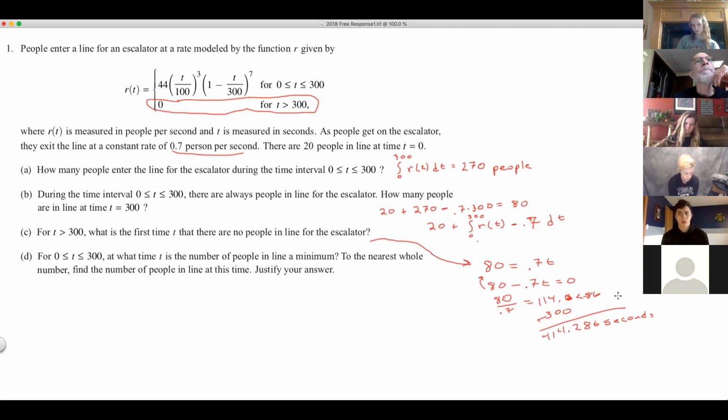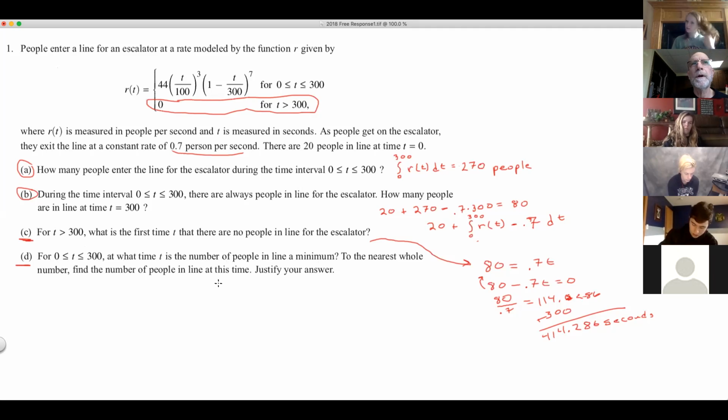Comparing this one to the one I talked about yesterday, this problem and the last were very similar to the problem yesterday. This is kind of a unique one, a different point of view. It says for the closed interval, and that's a hint, from the closed interval 0 to 300, at what time t is the number of people in line at a minimum?